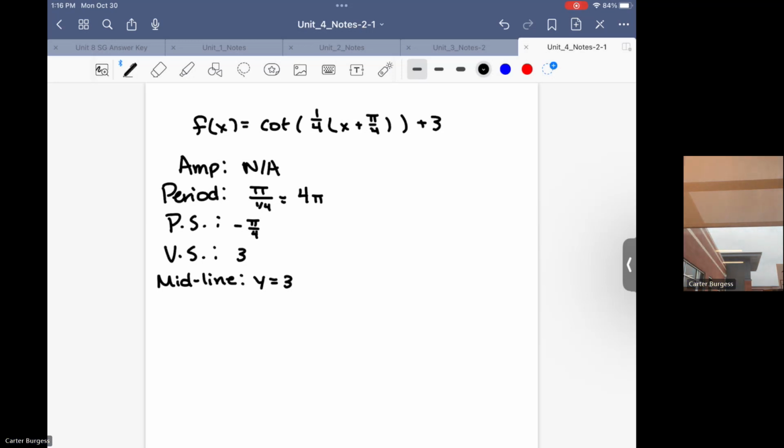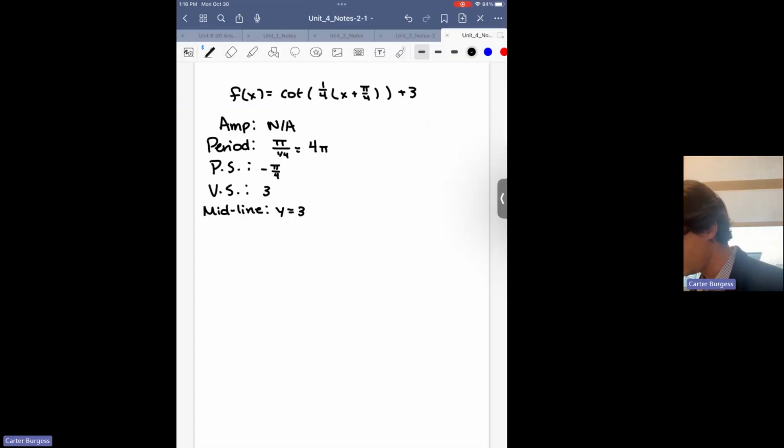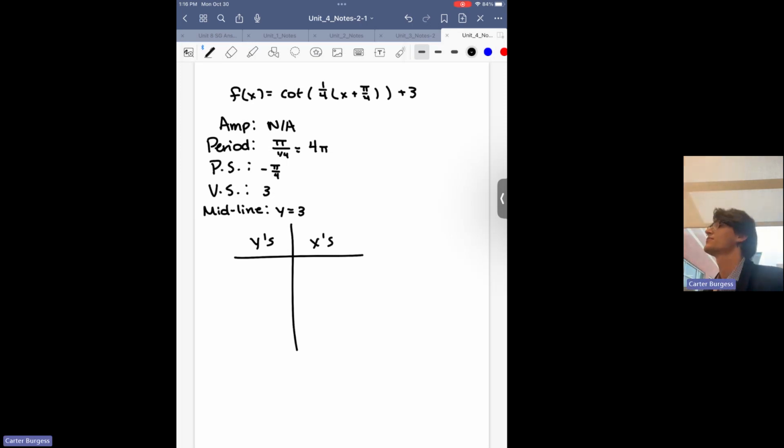Questions with what we see here? Okay, the next thing to do is to make adjustments to our y values and our x values. With tangent and cotangent, what is the only y value that we actually care about?